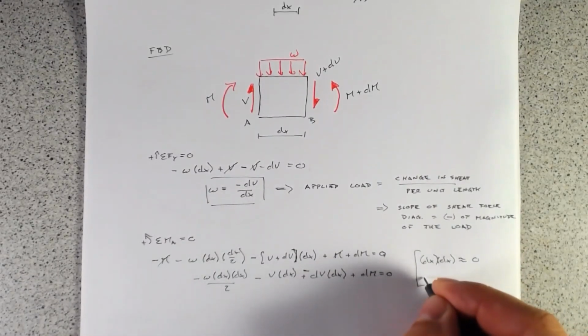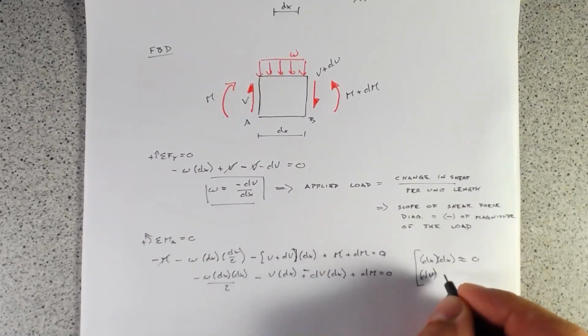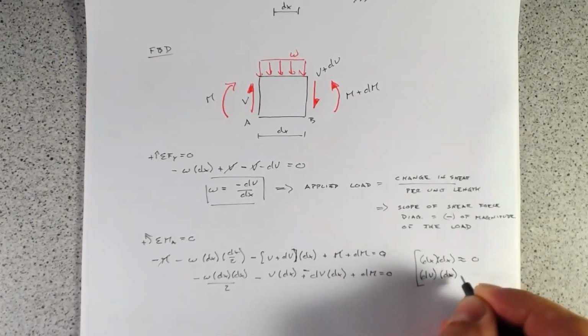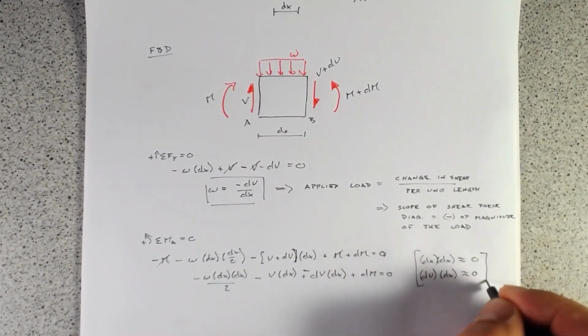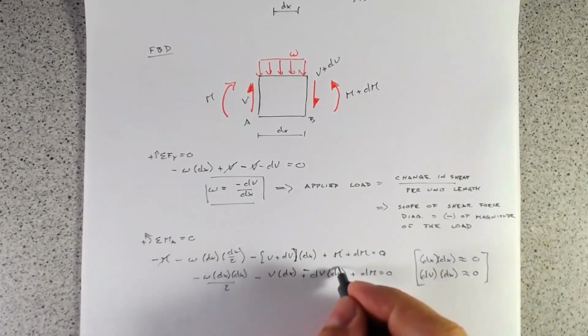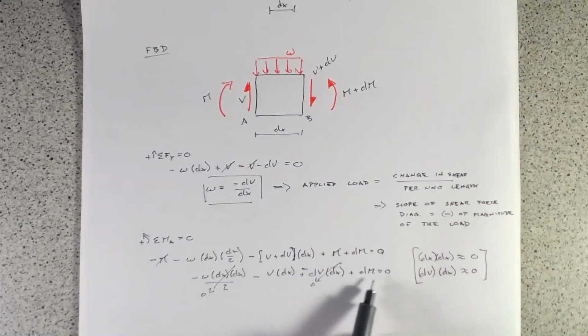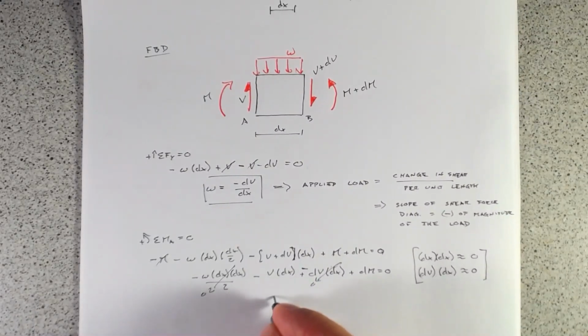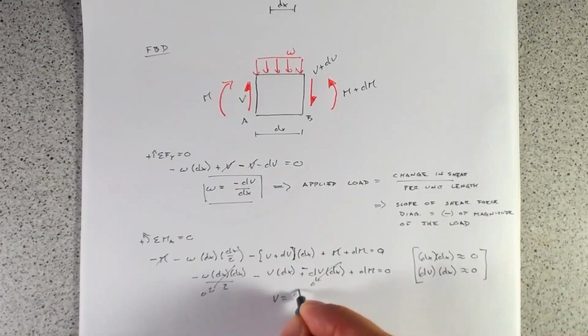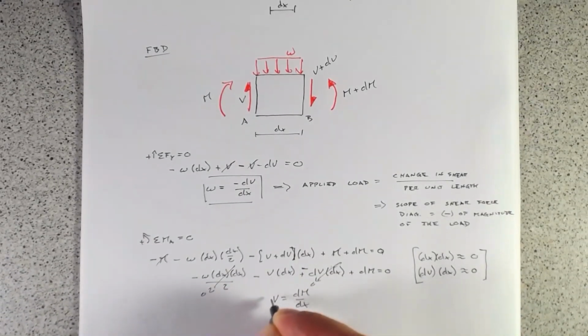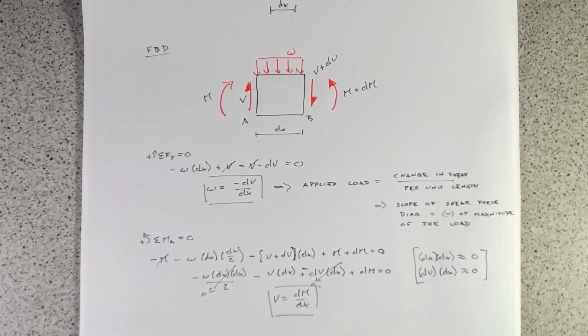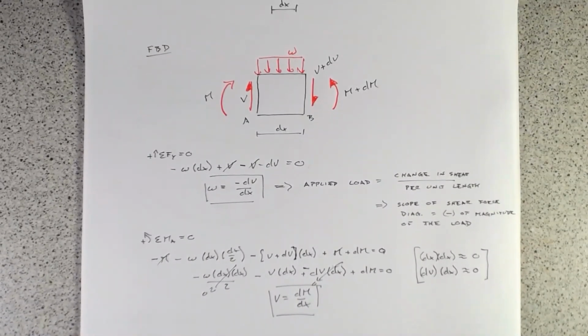So we can make a pretty comfortable assumption that dV times dx is approximately 0. Well, that means that this will go to 0, and this one will also go to 0. So what we're left with is minus V times dx plus dM, and that all simplifies down to V equals dM over dx, which we showed earlier in the lecture. The derivative of the moment is our shear force.